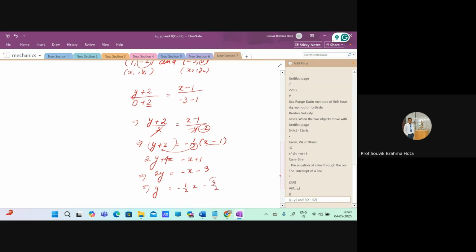So from here, minus 3 by 2 is your y-intercept, because the equation itself is y is equal to mx plus c, correct? Minus half is your m, the gradient, and minus 3 by 2 is your c, correct? So directly, if they ask you at the end what will be the y-intercept, that also you can answer.